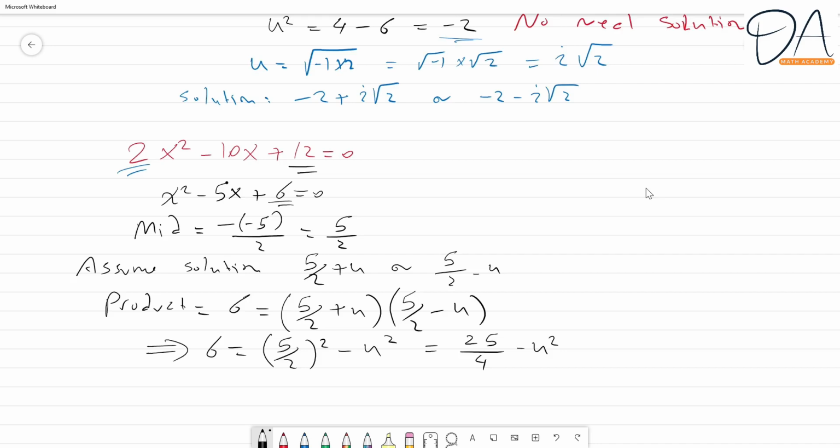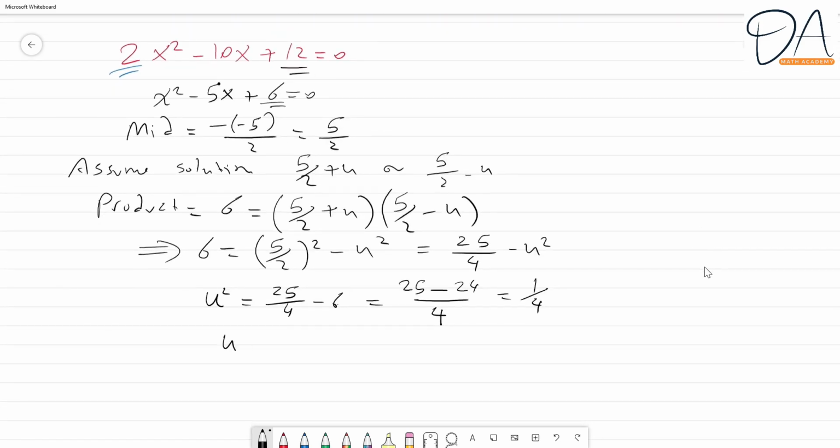Again, we can move the u squared to one side and the numbers to the other side. So if I bring u squared to this side, and then we can take 4 as a common denominator, 25 minus 6 times 4, 24. So this is 1 over 4. And again, u will be 1 over 2.